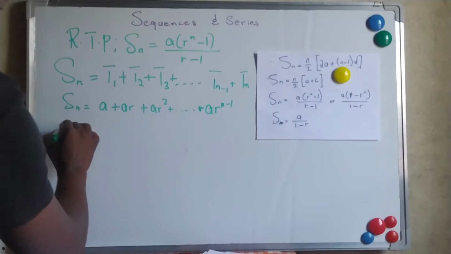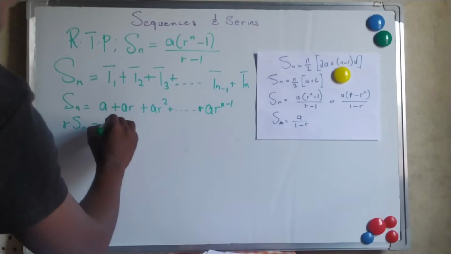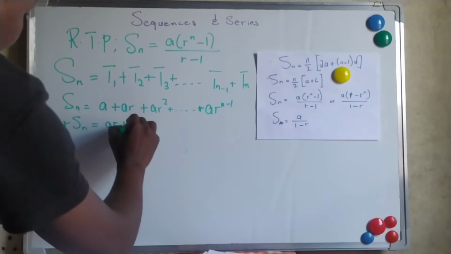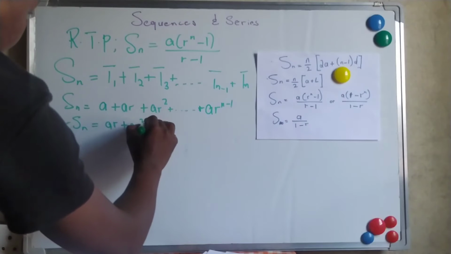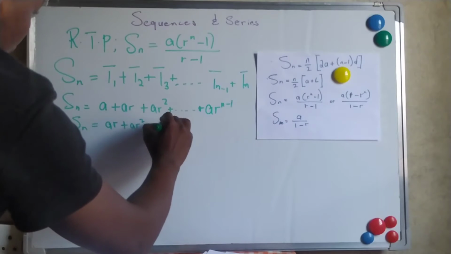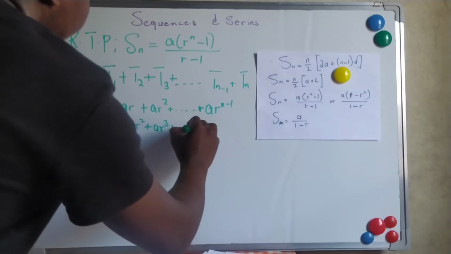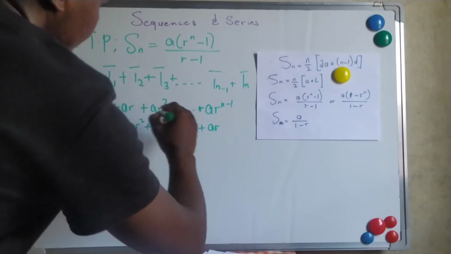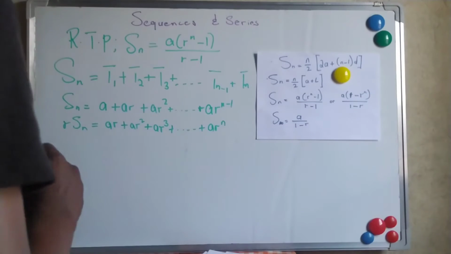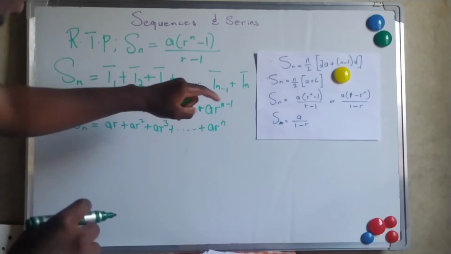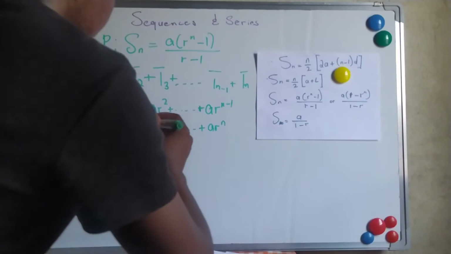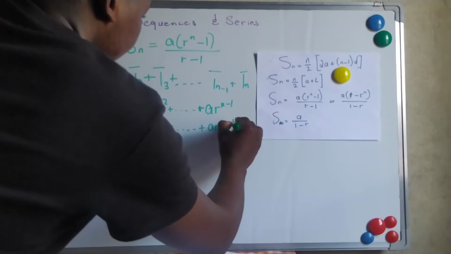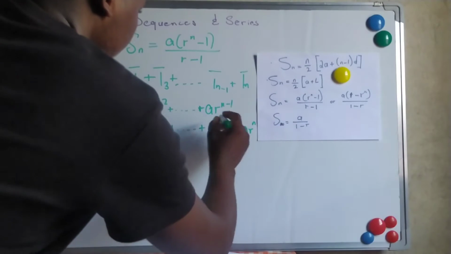So you have rSn is equal to ar plus ar squared plus ar cubed, plus ar to the n minus 1 plus ar to the n.